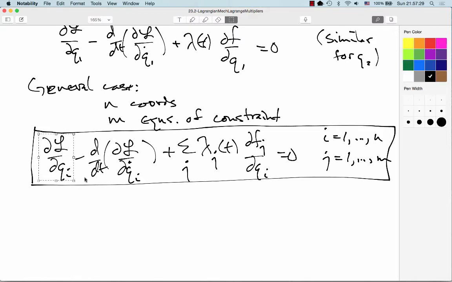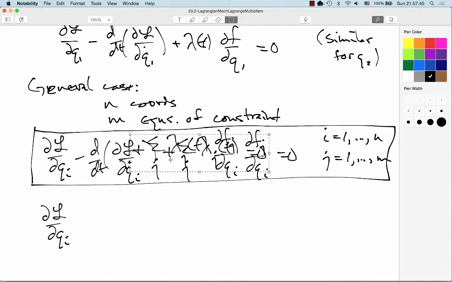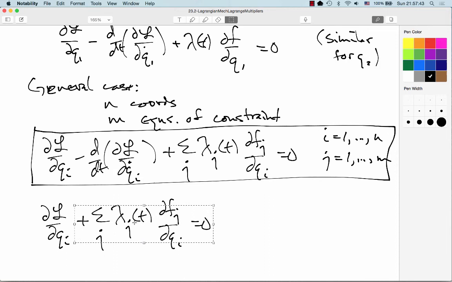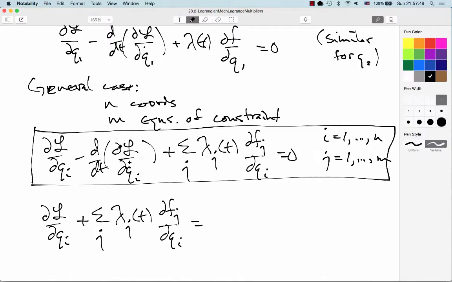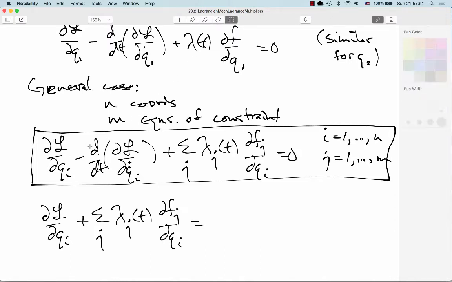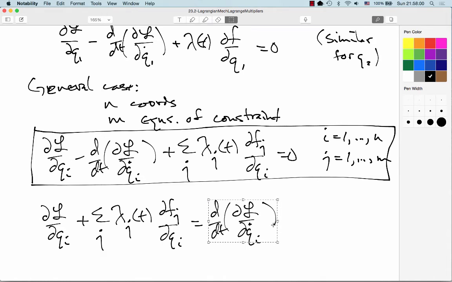So we'll copy that, paste there. We'll keep with this, copy that, paste it there. We're going to get rid of it being equal to 0, because instead we're going to move this bit to the other side. There we go.